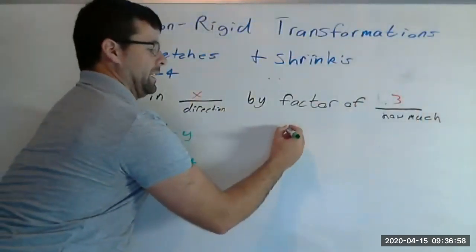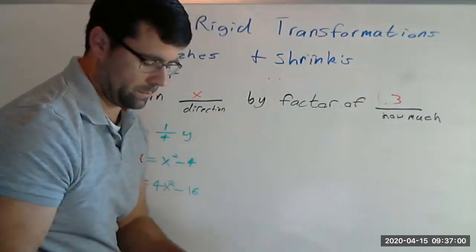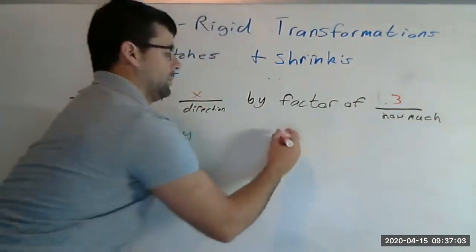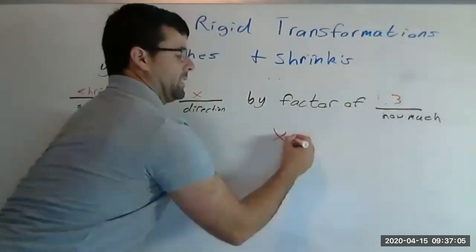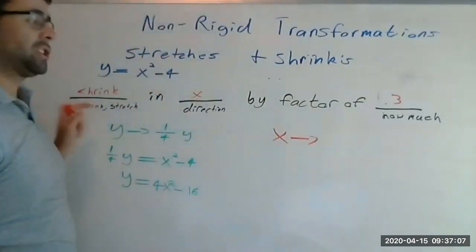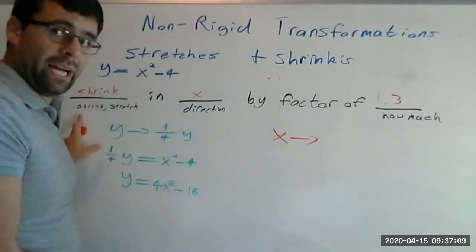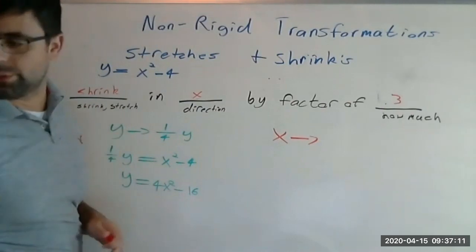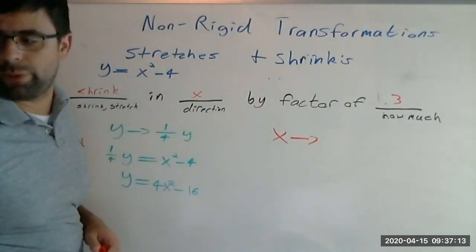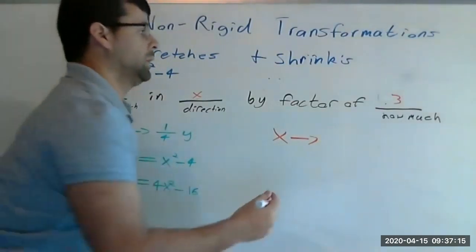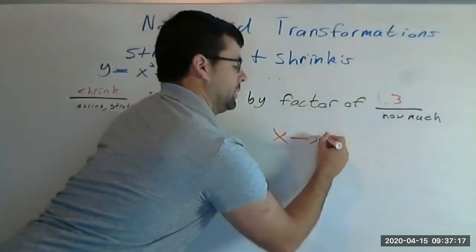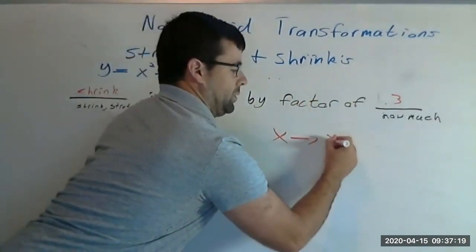So this means that, we'll do it in red. X, we are shrinking the graph. So that means we're going to make the graph paper bigger by a factor of 3. So everywhere we see an x, we're going to go to 3x.